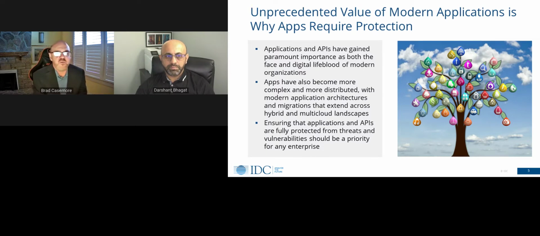And they've also become, as we said earlier, more distributed across this landscape. They're spread around, so are your users, right? Your users are also distributed across this landscape, and especially now, amid the pandemic, you have a lot more work from home access. And you have to think about how these applications and APIs can be fully protected from the threats and vulnerabilities that can occur across this whole landscape.